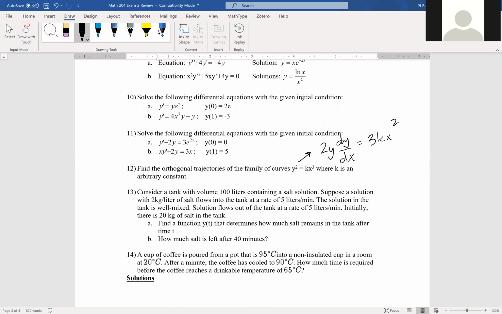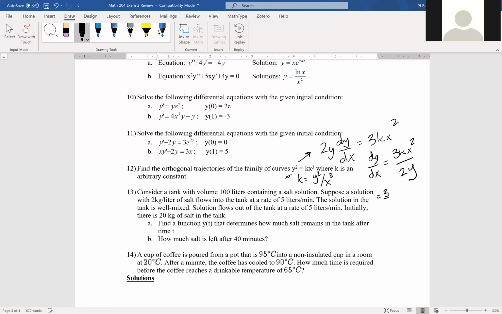Solve that for dy dx. Then come back over here and solve this for k. K is y squared over x cubed.